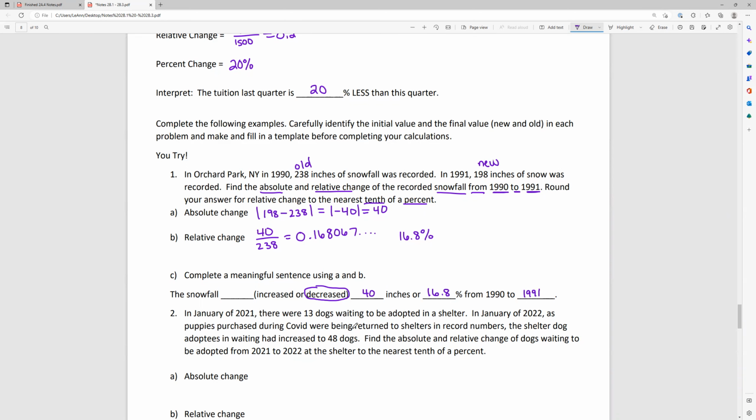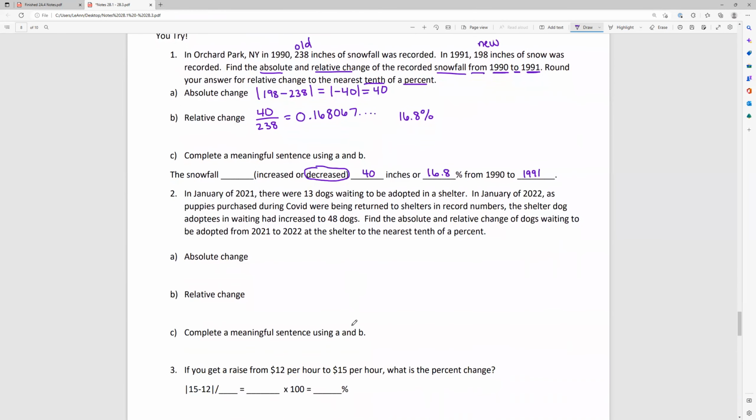In January of 2021, there were 13 dogs waiting to be adopted in a shelter. In January of 2022, as puppies purchased during COVID were being returned to the shelters in record numbers, the shelter dog adoptees in waiting had increased to 48 dogs. Find the absolute and relative change of the dogs waiting to be adopted from 2021 to 2022.